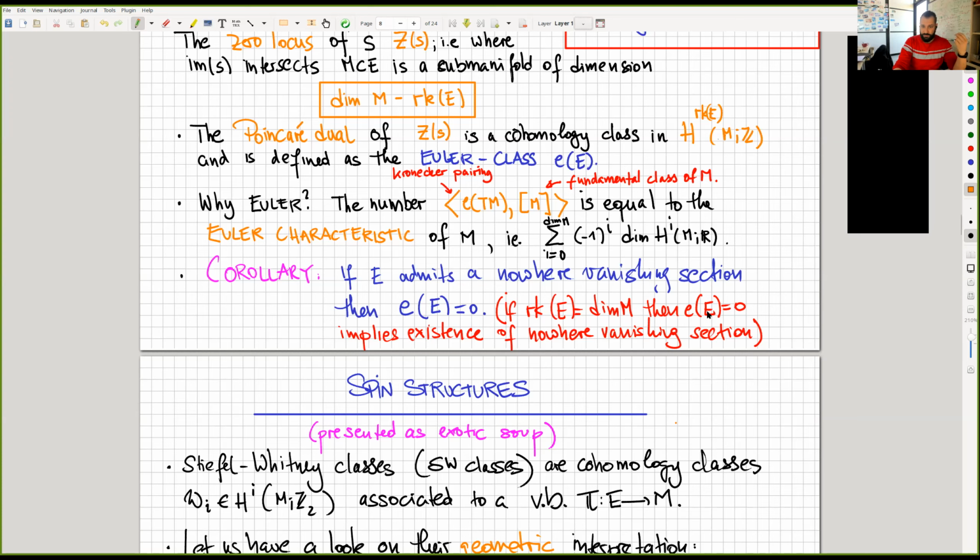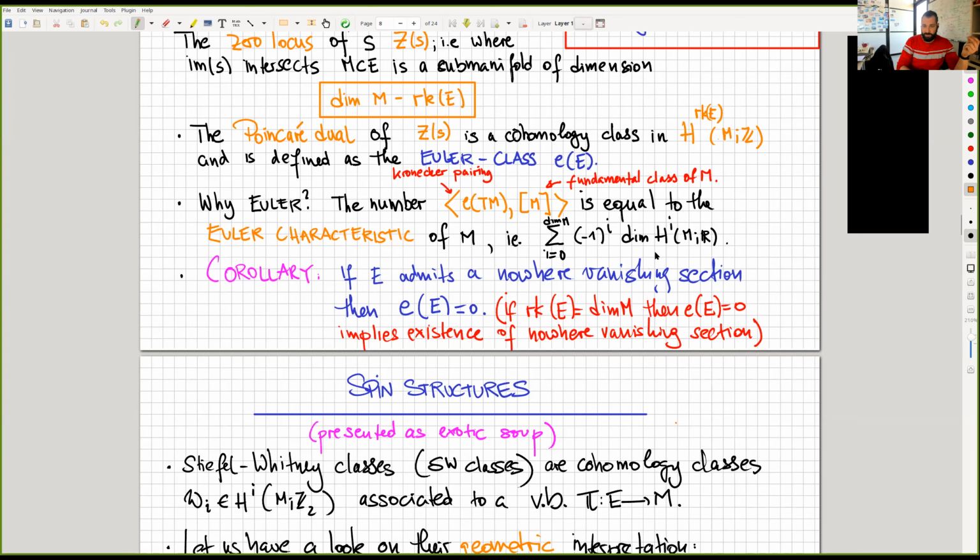For example, this is always the case when the manifold is odd dimensional, right? If you have an odd dimensional manifold, your tangent bundle always has a nowhere vanishing section. Your tangent bundle always splits a real line bundle off. And this is just in odd dimension. This alternating sum here is always 0 if you use Poincare duality.